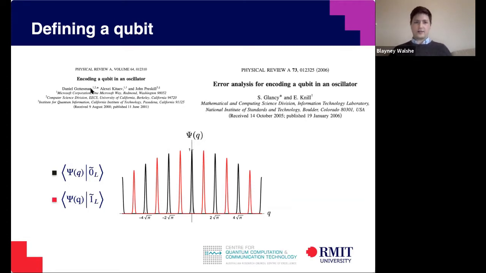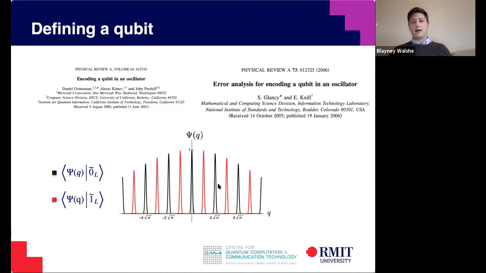And this is the Gottesman-Kitaev-Preskill paper from 2001, encoding a qubit in an oscillator. You probably will have heard GKP states, that term being thrown around somewhere. This is one way of encoding a qubit into a CV system.